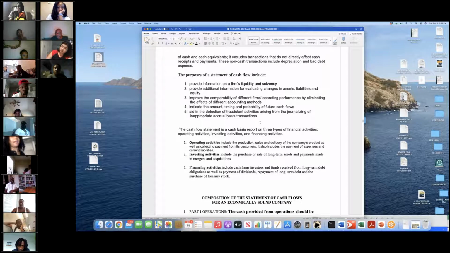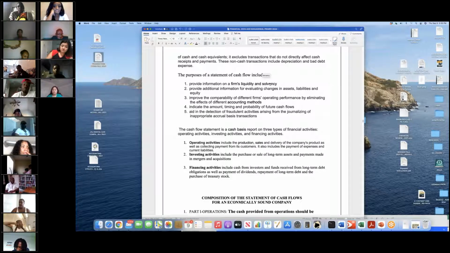The statement of cash flow is important because it provides information about liquidity and solvency for a company. Because we use accrual basis accounting, we may not be reflecting whether the company is liquid or solvent at times.